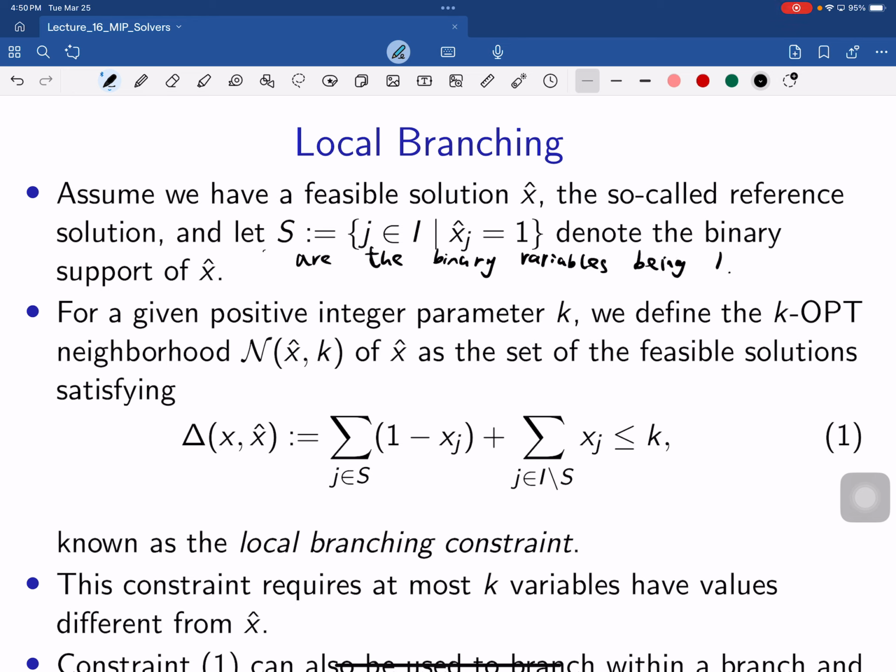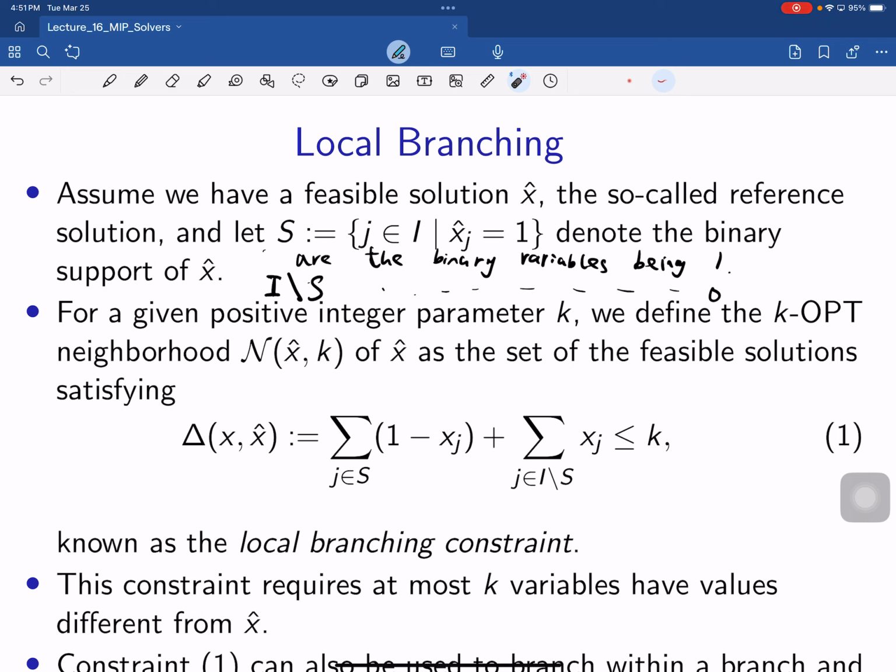I will define capital I as the set of all the binary variables, so the difference I minus S is the set of binary variables being 0 in my current solution. Now I define a neighborhood like this.